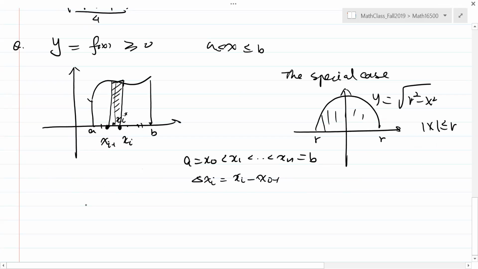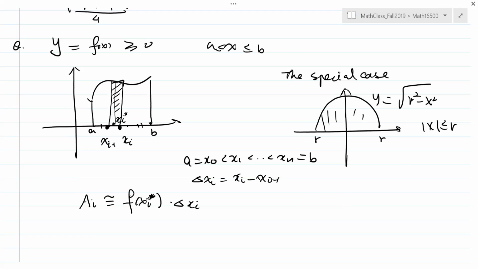So the area Ai is approximated by the height of the rectangle times delta xi. The height is just the value of the function at an arbitrary point inside the interval.